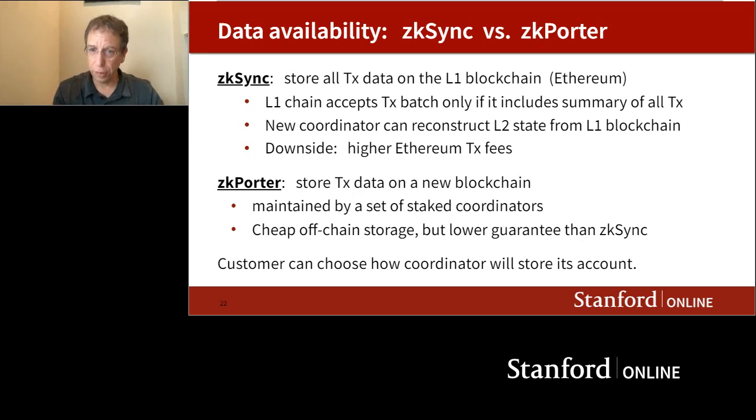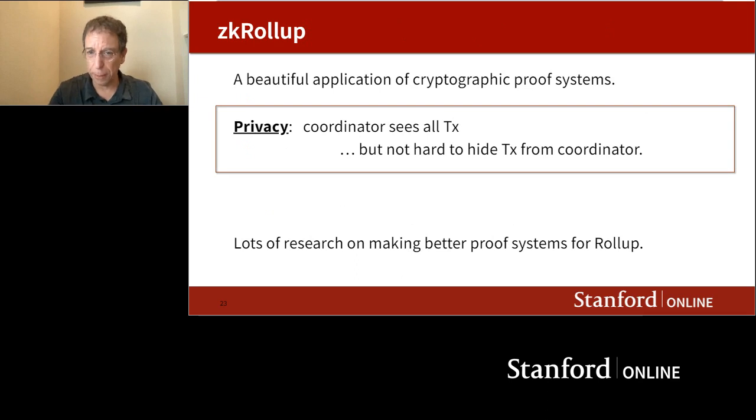All right, so this is all I wanted to say about Rollup. I'll just say that it's an amazing application of cryptographic proof systems. One might wonder about privacy, because as I described the system today, the coordinator sees all the transactions in the clear. So there's a question of whether we can actually hide transactions from the coordinator, and it turns out, using, again, clever zero-knowledge techniques, something called ZK Rollup, it's not that hard to hide transactions from the coordinator.